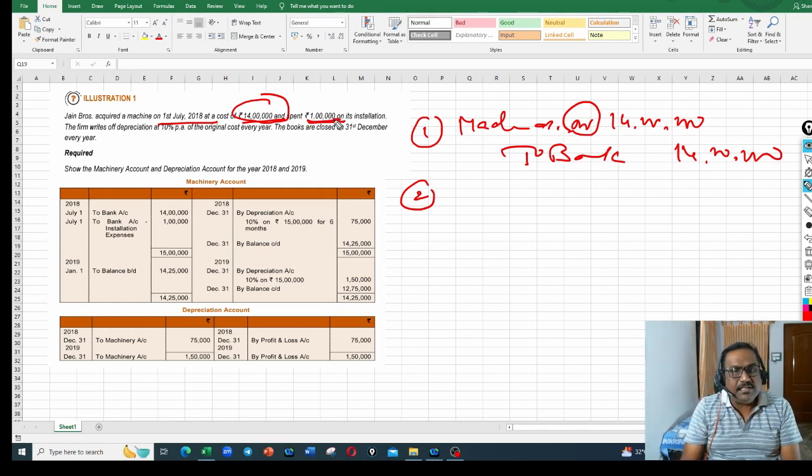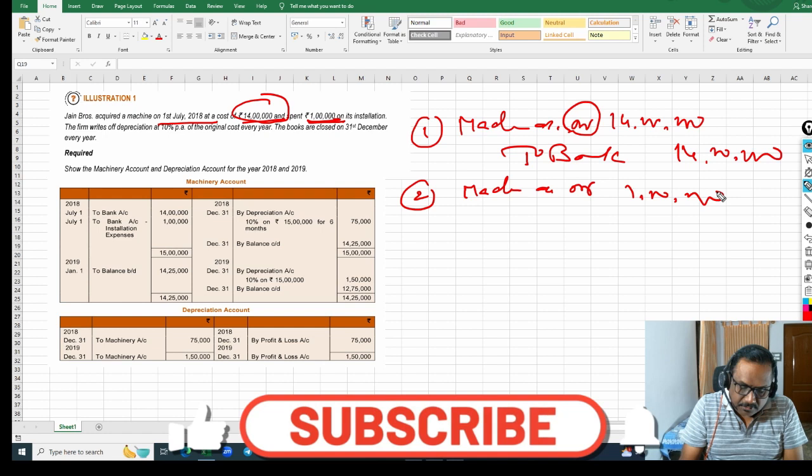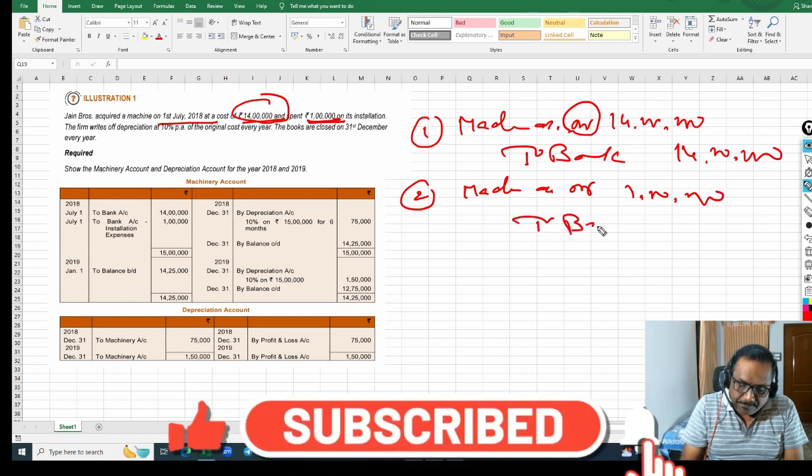Installation charges have to be added to the machinery account because they have to be capitalized. So debit machinery account 1 lakh, and credit bank account 1 lakh. These are the two entries we need.